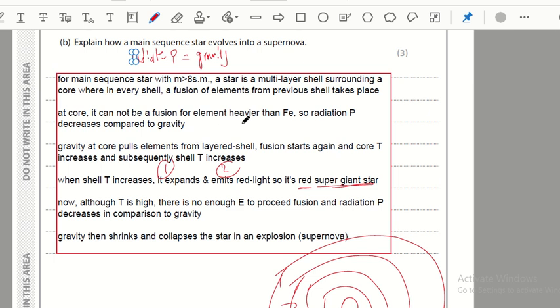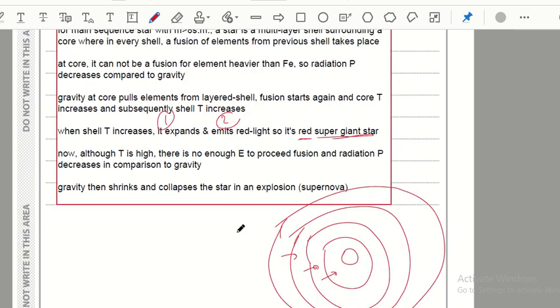You can only write that a red supergiant star formed by fusion that starts after being stopped. I mean, you can abbreviate this answer. You do not need to write all of this, but I made it as comprehensive as possible to confirm the whole information.